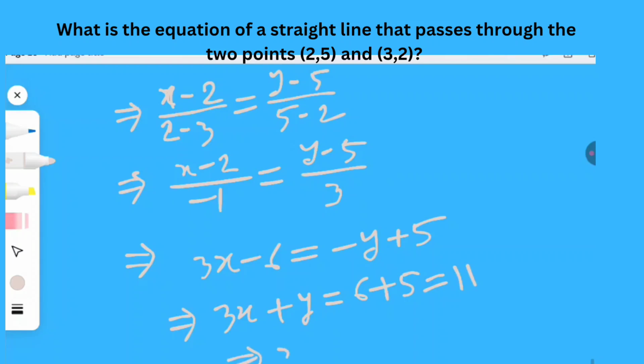So 3x plus y equals 11. This is the answer and the expected straight line equation.